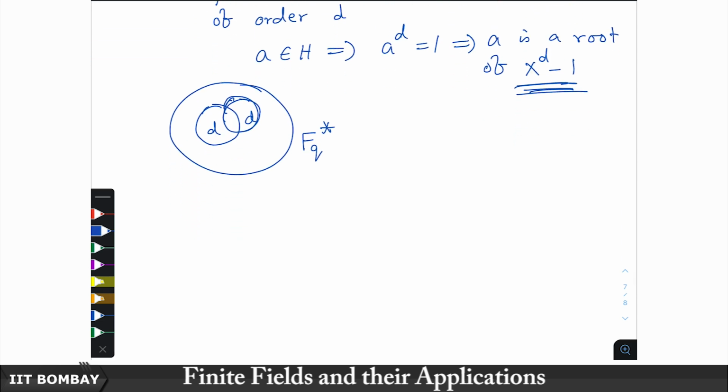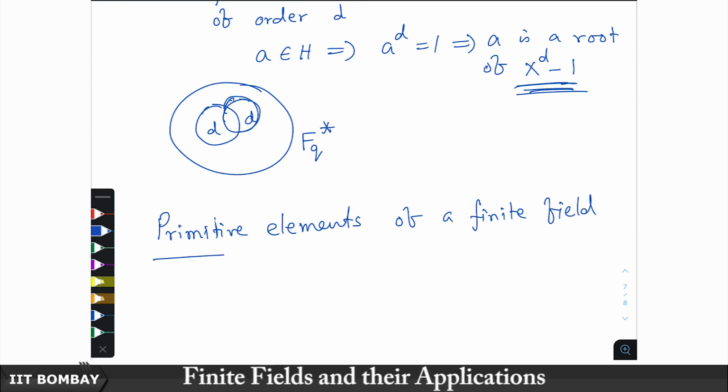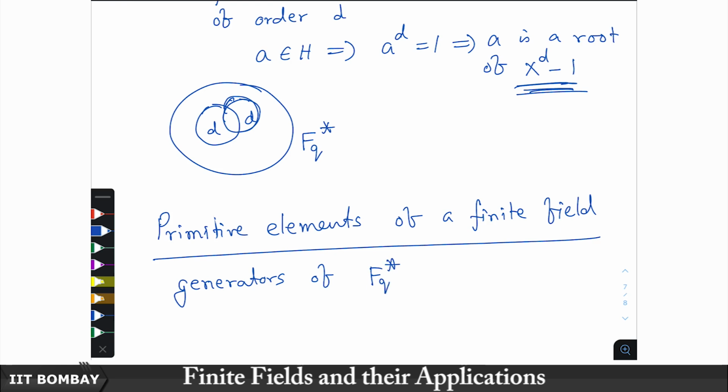Now, such elements which generate the whole cyclic group are called primitive elements of a finite field. These are basically generators of the multiplicative group.